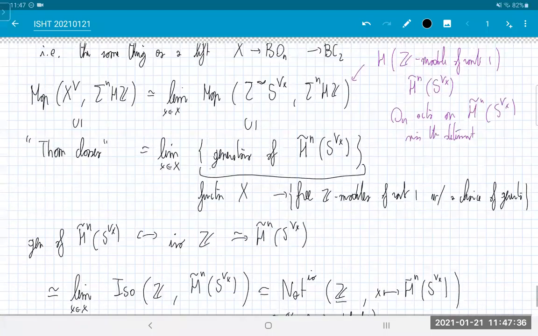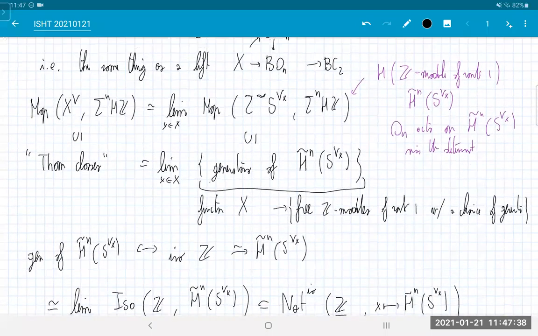But okay, since I made a mess, let me go back here. So we have maps from the Thom spectrum to Sigma^n HZ. That's the same thing as this limit.